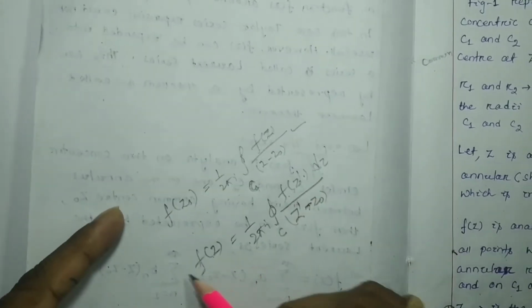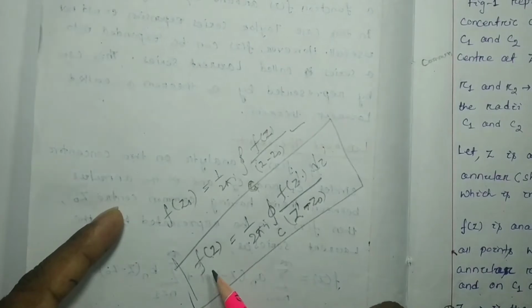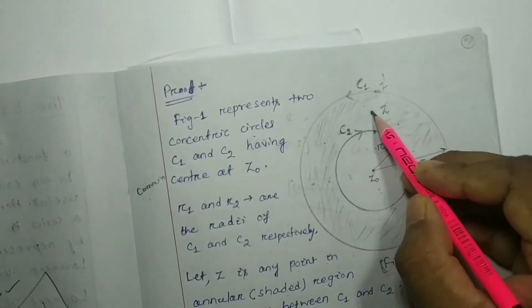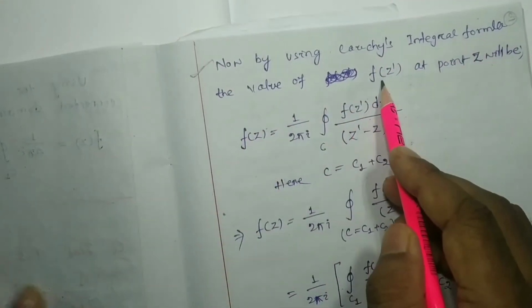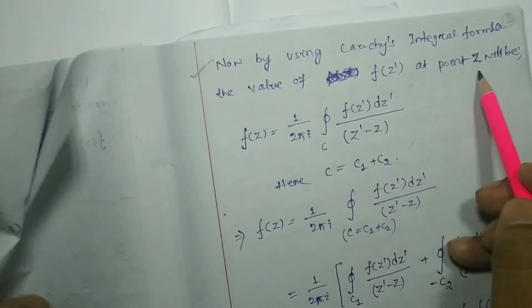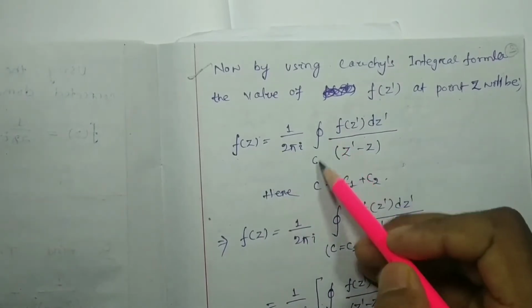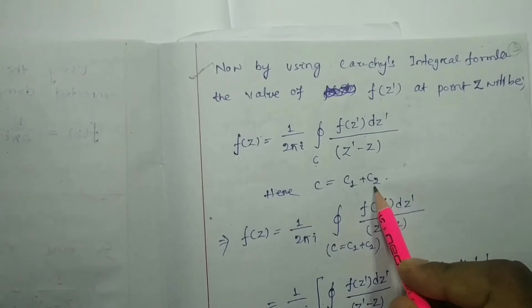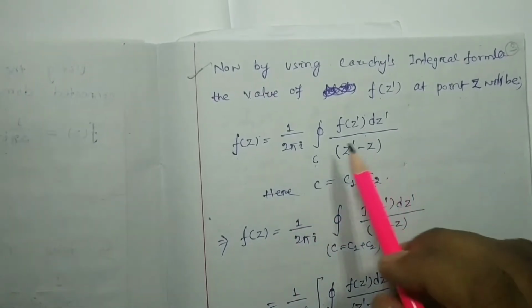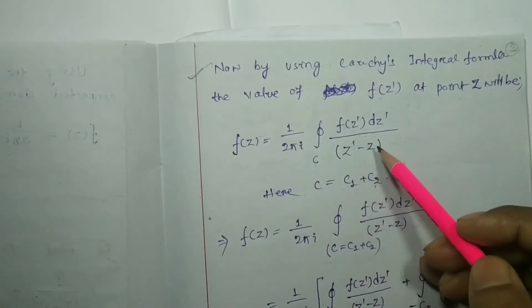So here we can write that the function at the point z will be, according to Cauchy's integral formula, f(z) equal to 1 by 2 pi i closed integration C, that is C1 plus C2, the addition of two curves, f(z') dz' by z' minus z.